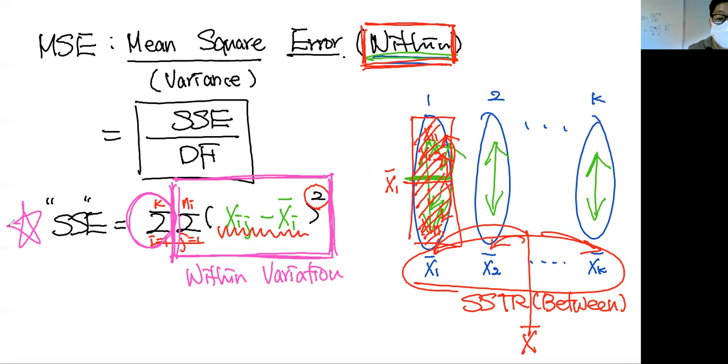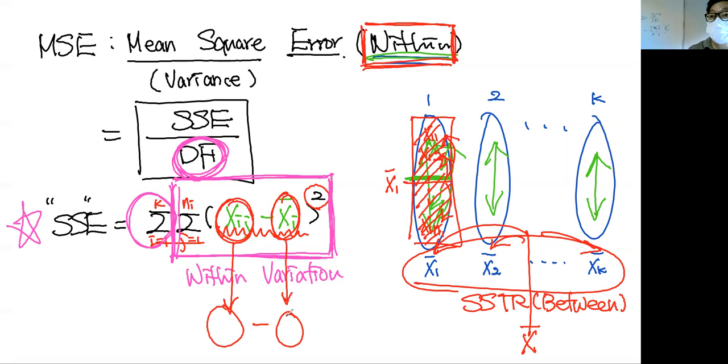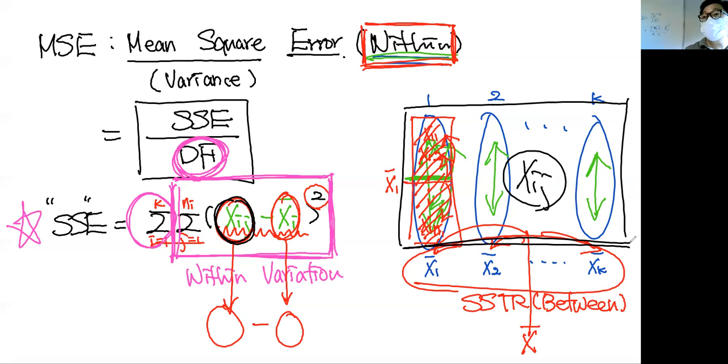Okay, then now we need a degree of freedom. How? We just count how many, and take the difference. Okay, now tell me, how many xij's? You know the xij is a general notation for each observation, right? So overall, how many in the sample size?